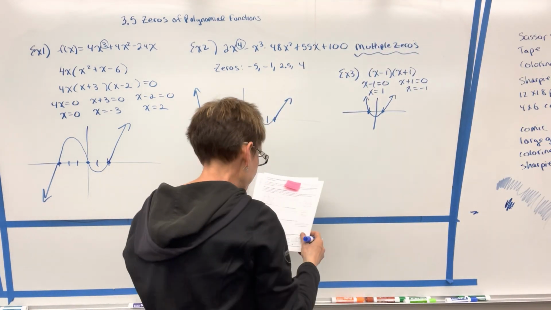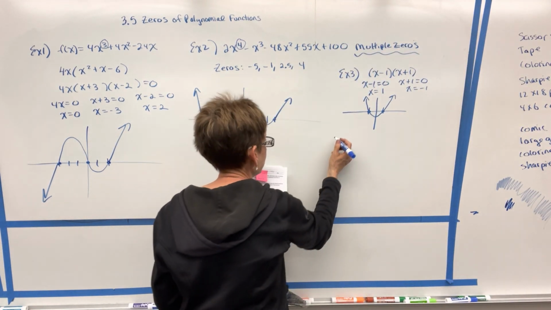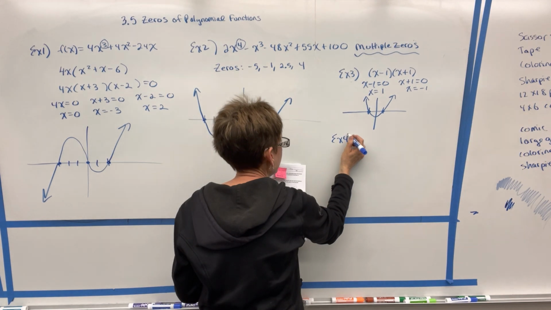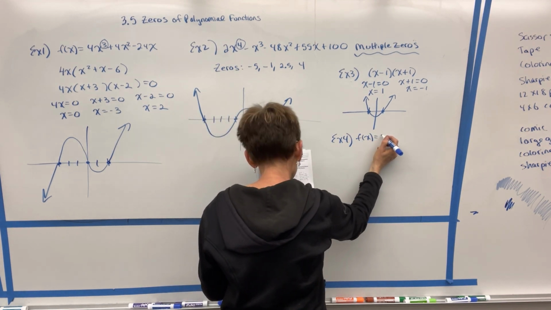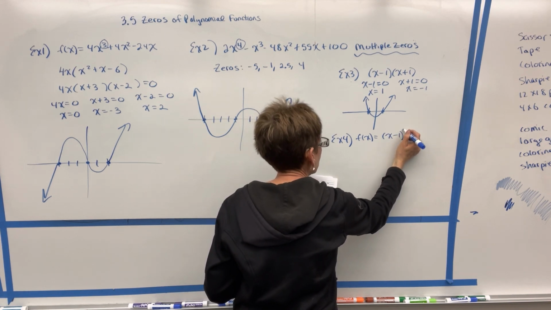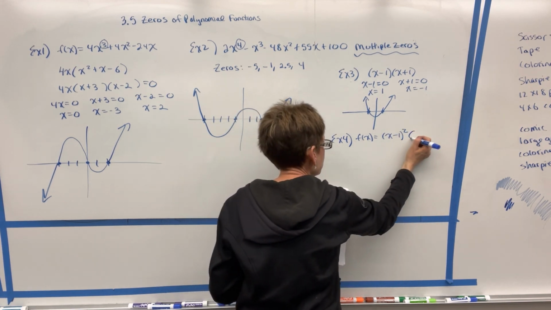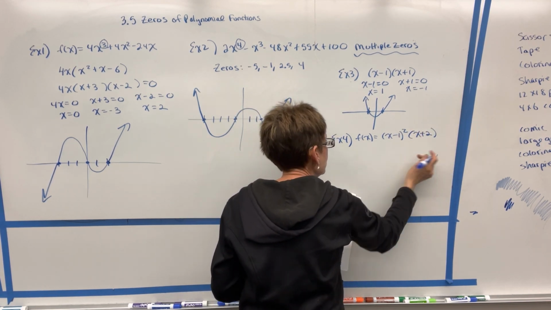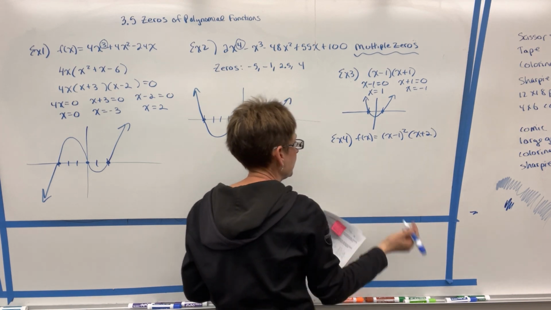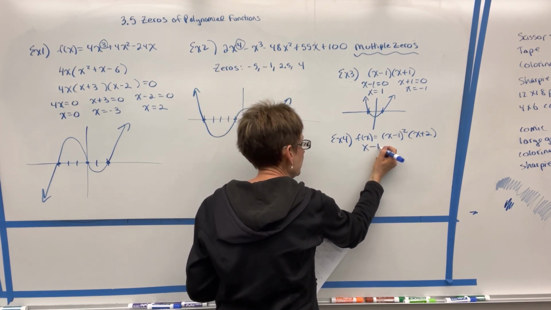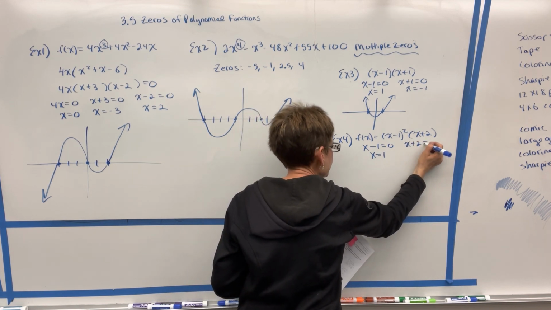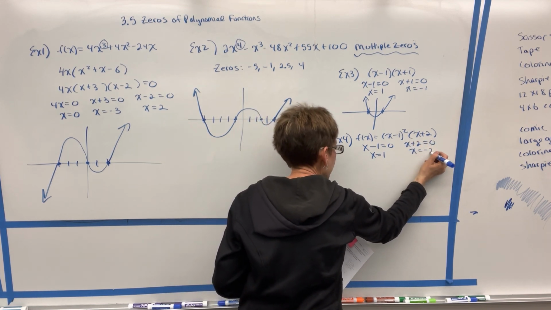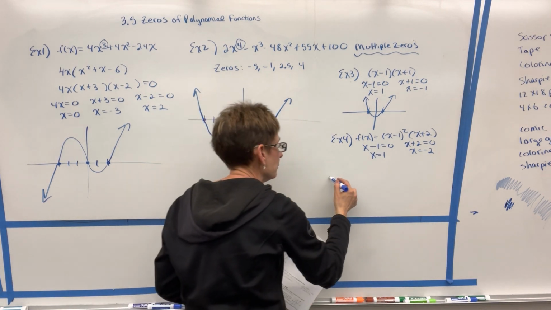If, however, a factor occurs an even number of times, that is not the case. For example, let's say our function is x minus 1 quantity squared times x plus 2. Notice that we have 2 zeros here. If I set this one equal to 0, I get a zero of 1. And if I set this factor equal to 0, I get a zero of -2.